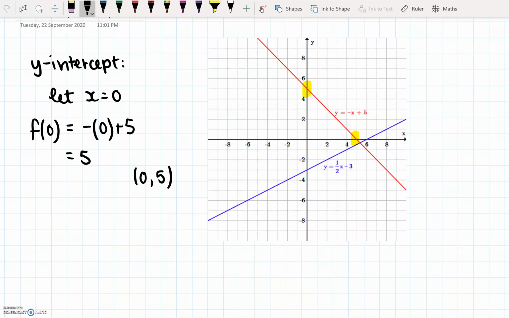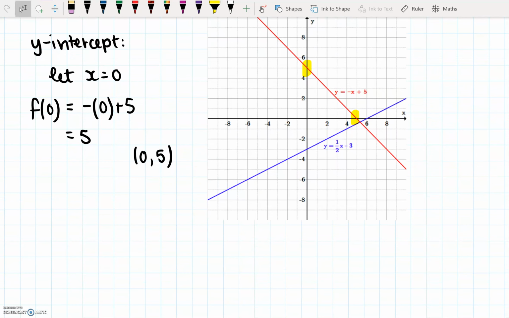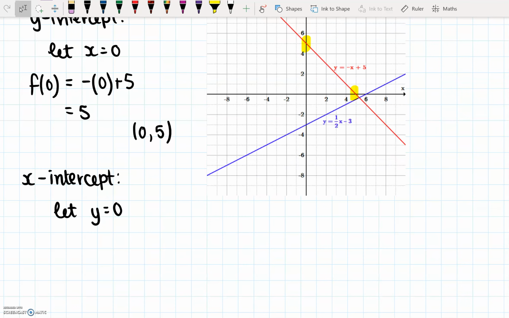Okay, the x-intercept is just the opposite. So for the x-intercept, instead of making x equal 0, we let y equal 0. In function notation, this would be f(x) equals 0.